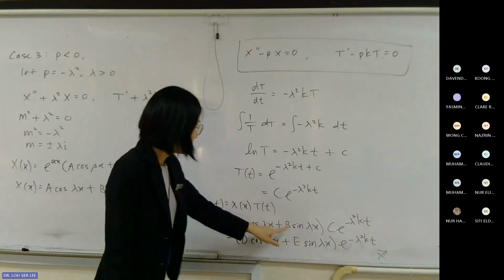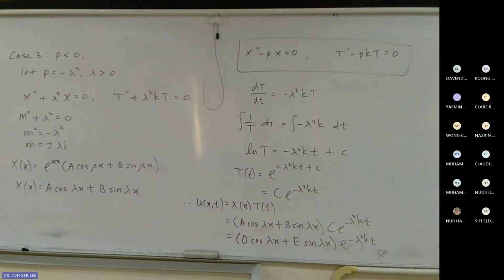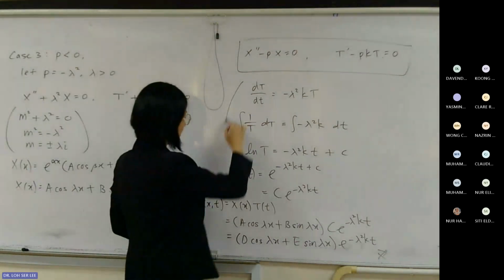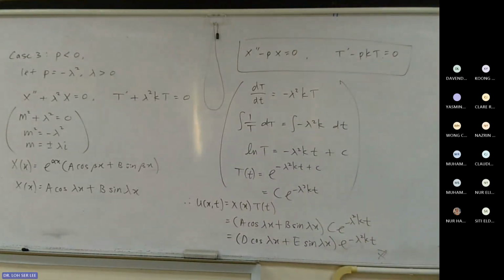AC is D, BC is E. So this is the solution for case 3. You can find the answer in the slide, but this is the extra explanation of how to get the solution.